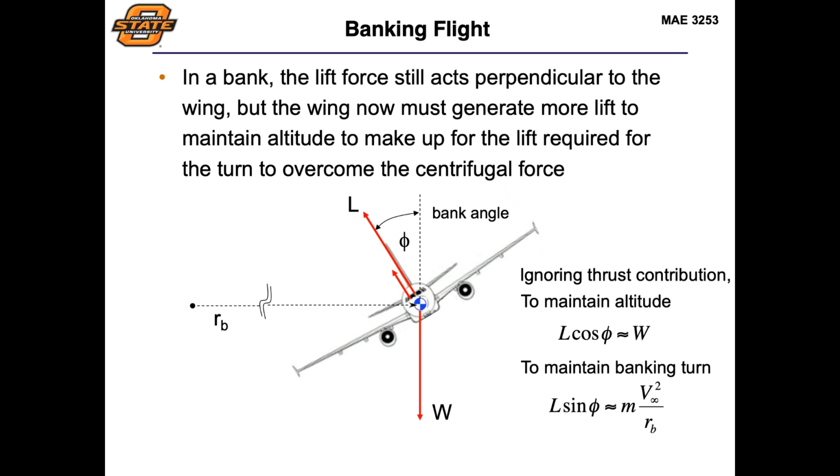So in this case, lift acting in the horizontal direction, or lift times sine of that bank angle, has to be equal to your centrifugal force, m times velocity squared over the radius of that bank. So if you know what your velocity is and the weight of your aircraft, then you can determine your mass. Given your lift and your bank angle, you're going to be able to determine what that bank radius is going to be.